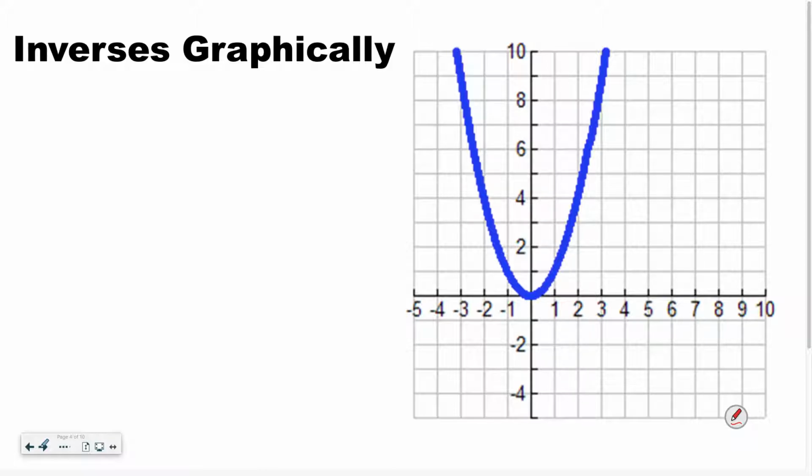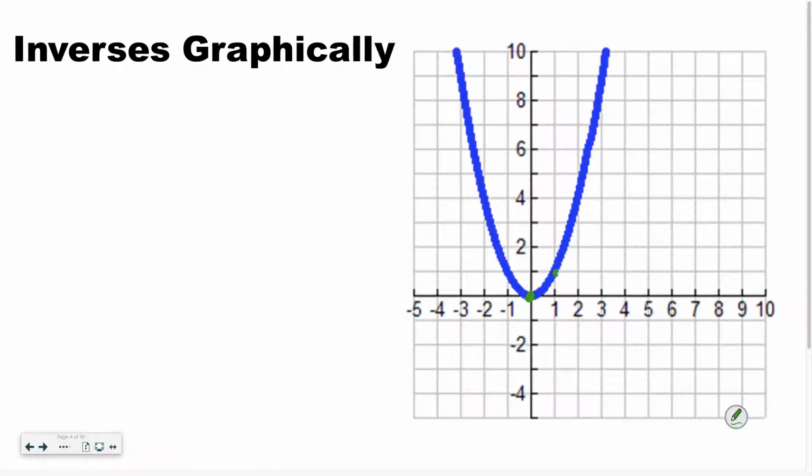So let's go ahead and find what our inverse graph would look like. Okay? So I'm just going to point out coordinates, and we're going to switch x and y. So this is the coordinate 0, 0. When we switch x and y, 0, 0. That's so boring. Okay. Oh well. This coordinate is 1, 1.